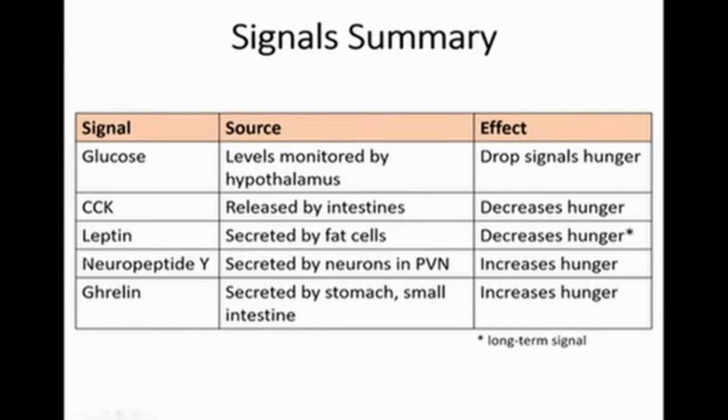When we get to it, neuropeptide Y is something secreted by neurons in our brain, and it's going to increase hunger. And then the last one is ghrelin, and that's secreted by our stomach and small intestine, and it's going to increase our hunger because those levels are peaking right before we eat a meal. So that's our cold notes of all the signals that we've talked about in one place.